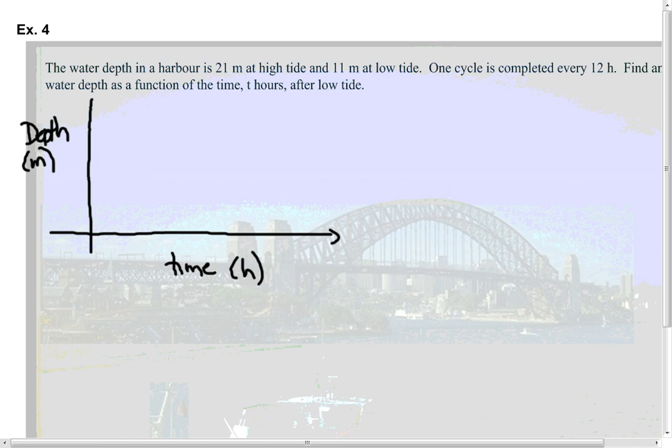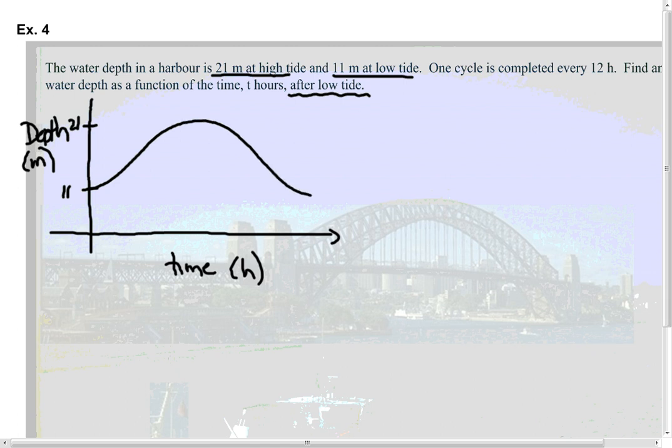So we're going to start at low tide, go to high tide, back to low tide again. So our low tide is 11 meters. See how rough it is? But it's just going to give me a sense of what's going on. So we're going to start at 11, go to high tide and back again.